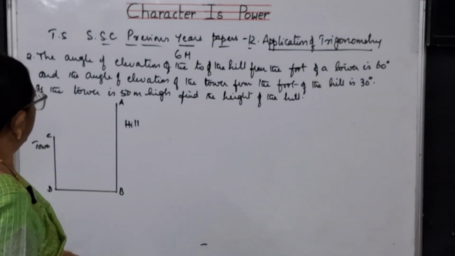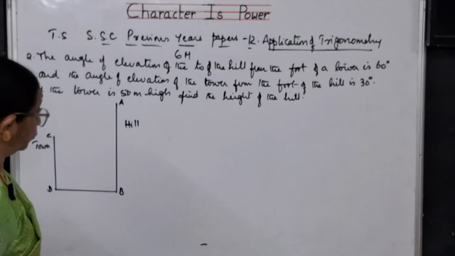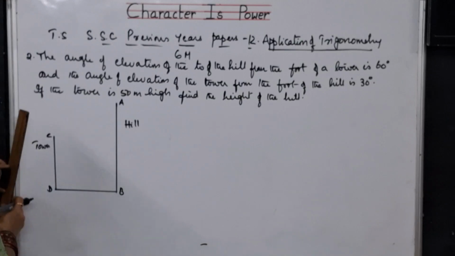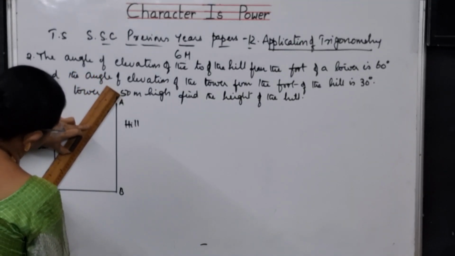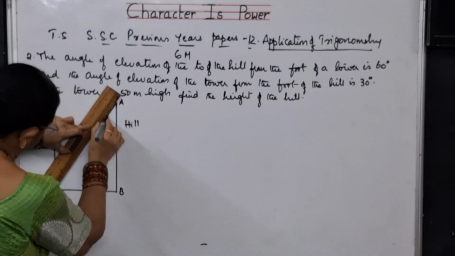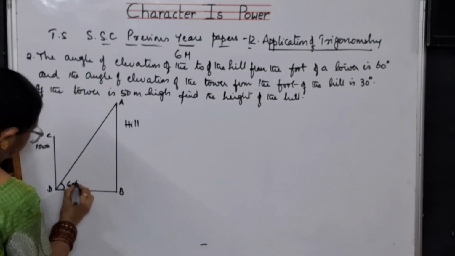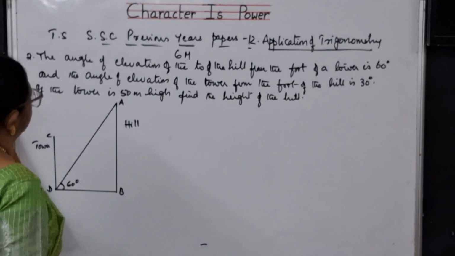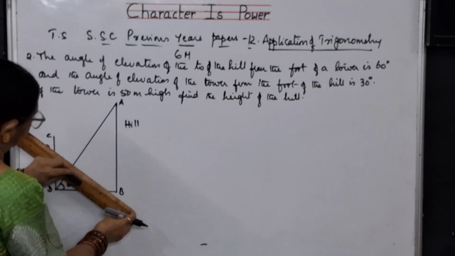Now, the angle of elevation of the hill from the foot of a tower is 60 degrees. And the angle of elevation of the tower from the foot of the hill is 30 degrees.